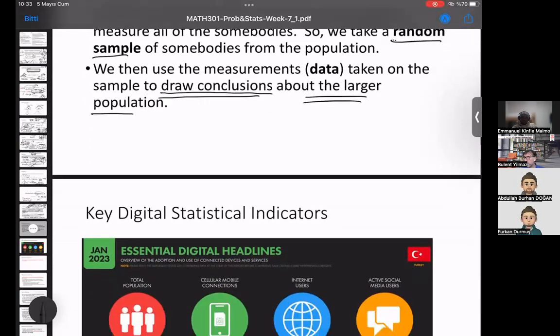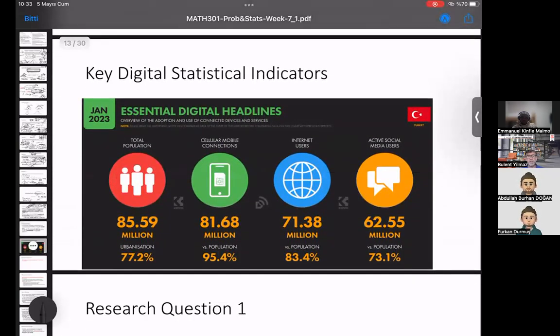For example, let's start with a question like this. This is the digital statistical indicator of this year. There are more than 85 million people in Turkey, and 71 million people have internet in their homes or in their cell phones or any place like that.